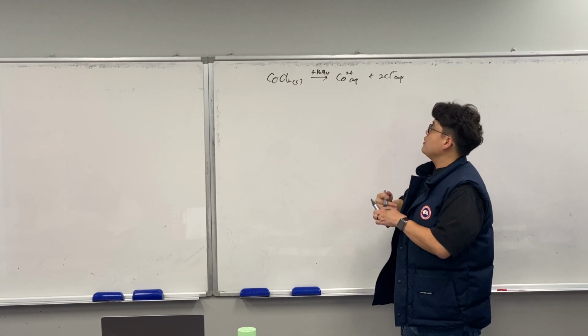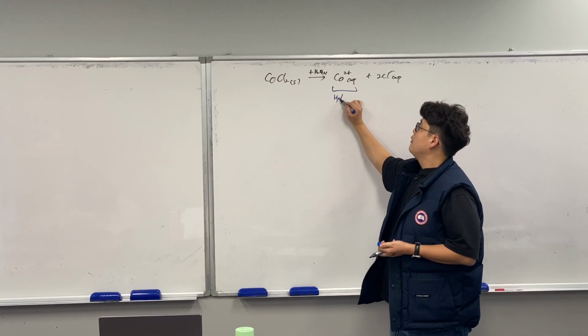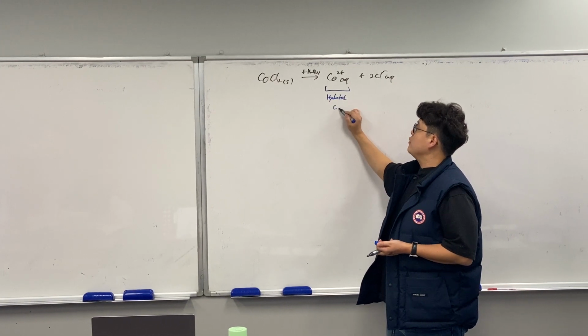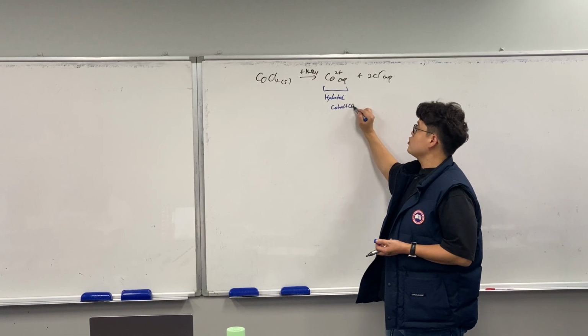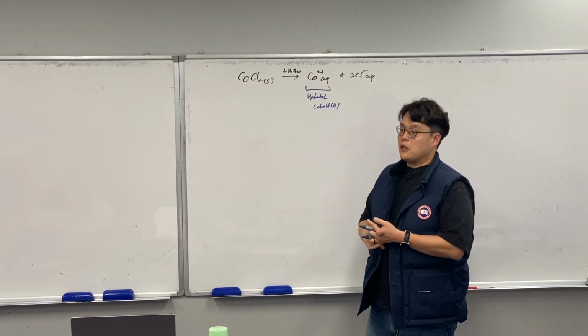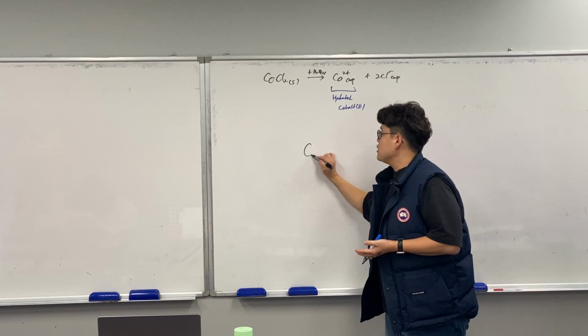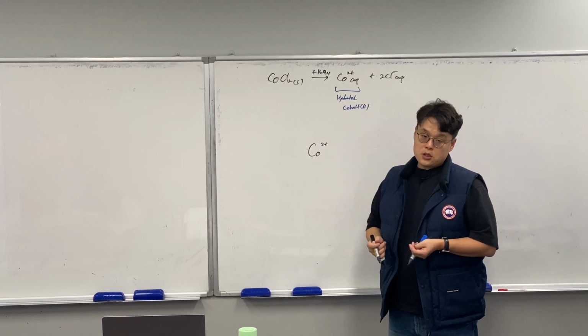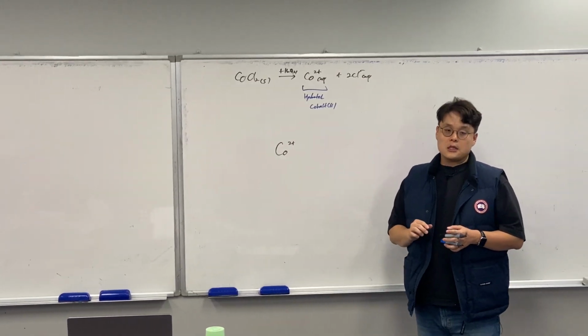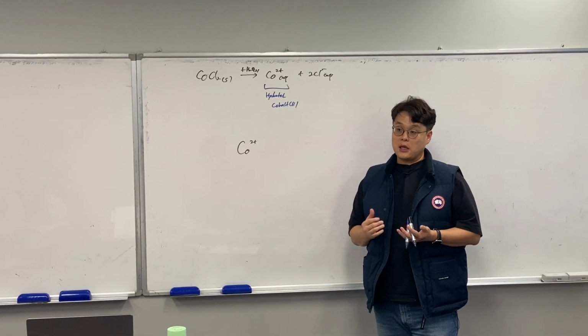We described the cobalt is now hydrated. Hydrated cobalt(II). So what actually showed it is this. We have a cobalt in the middle with the 2+ charges. Do you remember the water has some partial charges of the positive, negative, and positive too.